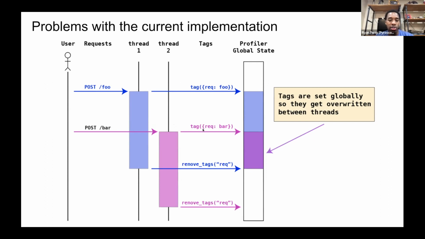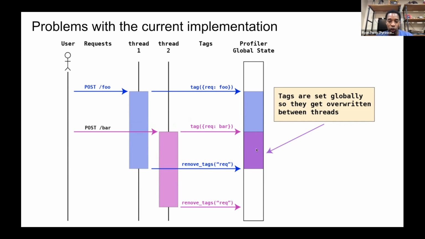If you get another request and you tag it as bar, then you end up with a mixed period where it overwrites the foo tag, and now there's work still being done in the foo thread, but it's labeled as bar.